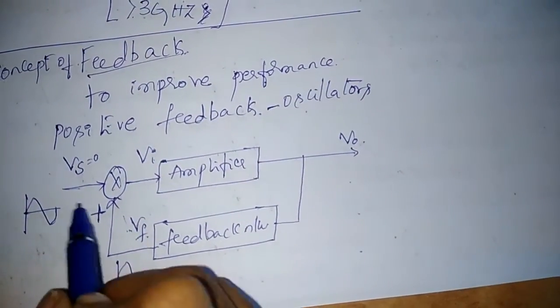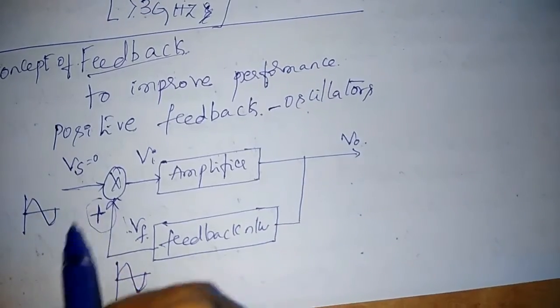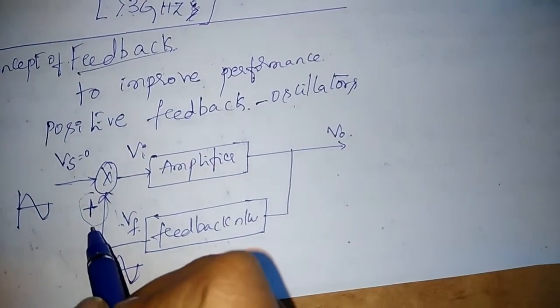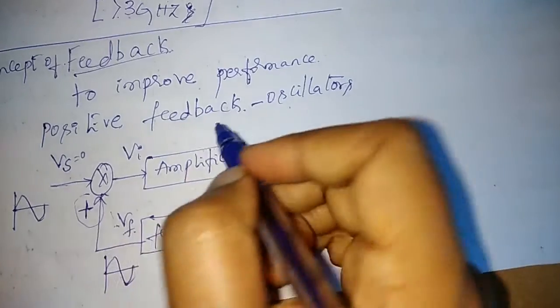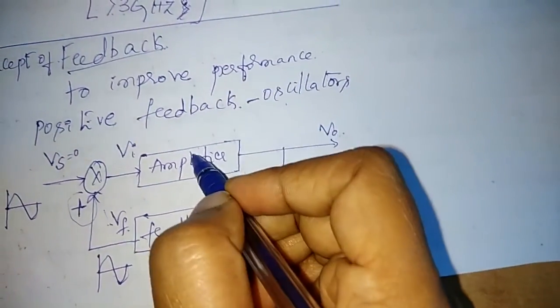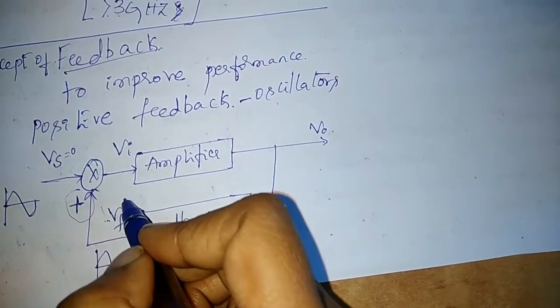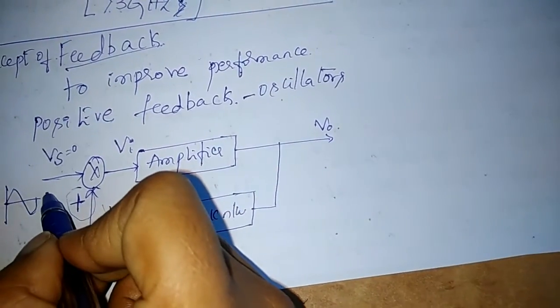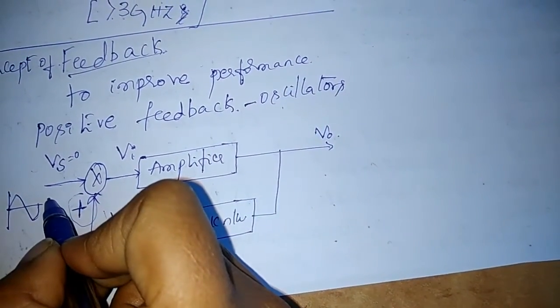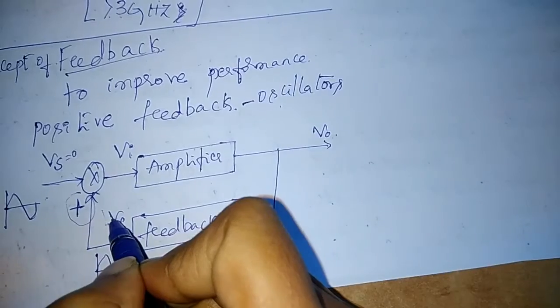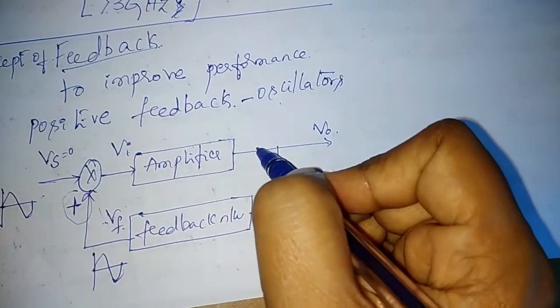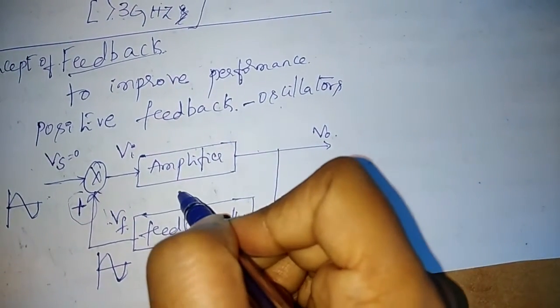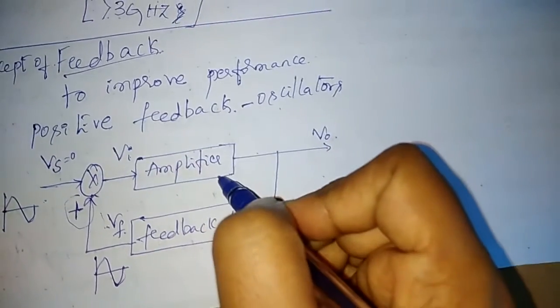That's why it will get added. You can say positive feedback is used in the case of the oscillators, where the feedback signal is in phase with the input signal. So positive feedback results in oscillations, and hence it is used in electronic circuits.